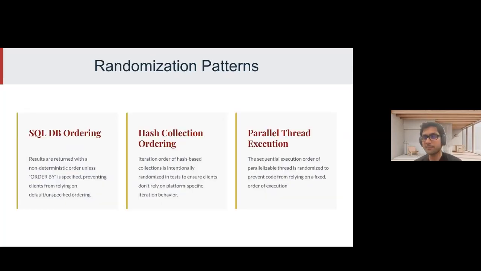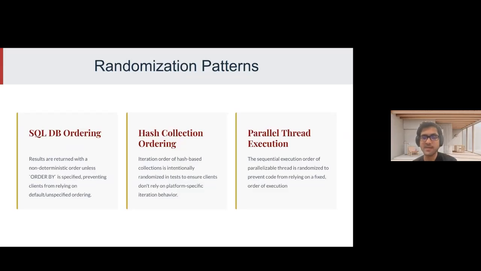This is not a new concept as such, because there are many randomization patterns that have existed in the testing industry for a long time. For example, there are several classes of databases which would typically return results in a random order unless you actually request that the output be sorted.